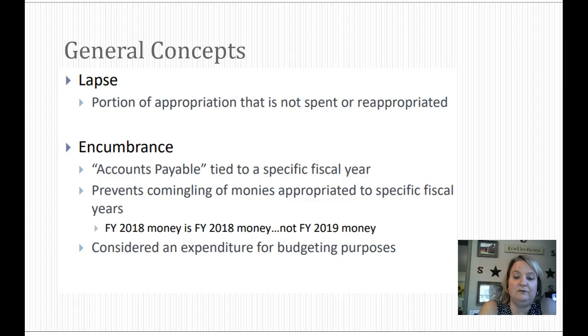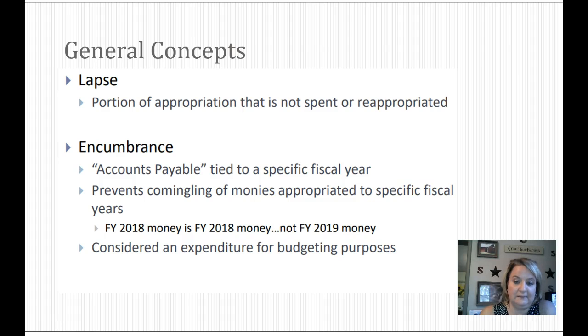So say I want to spend the rest of my appropriated money on a vehicle, but I will not have time. It's the last day of the fiscal year. I will not have time to go out and get that vehicle. I am going to put in a purchase request for that vehicle for $30,000 to go out and buy that vehicle, and that will save that money in that specific fiscal year, and I can spend it and it will be fiscal 18 money instead of fiscal 19 money.